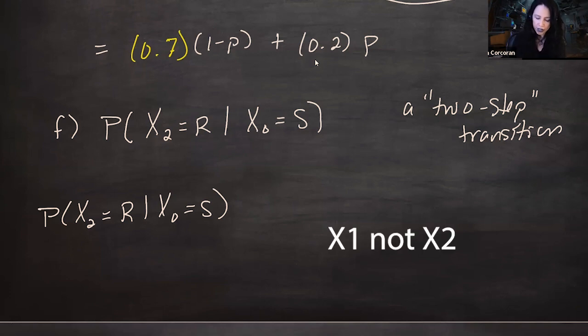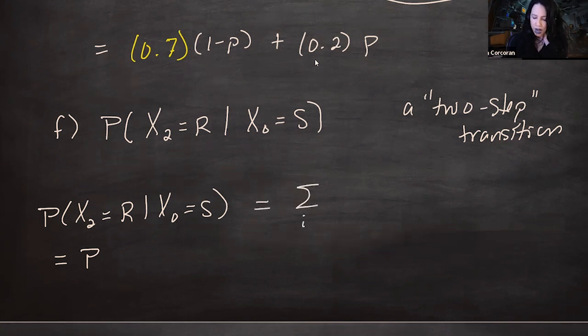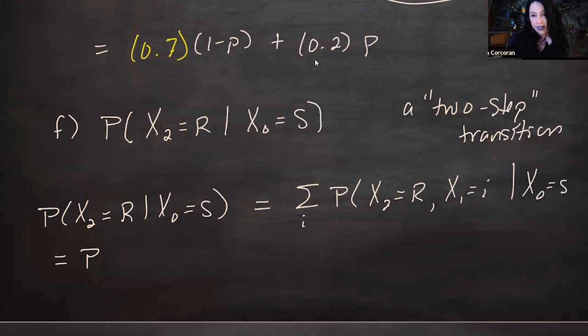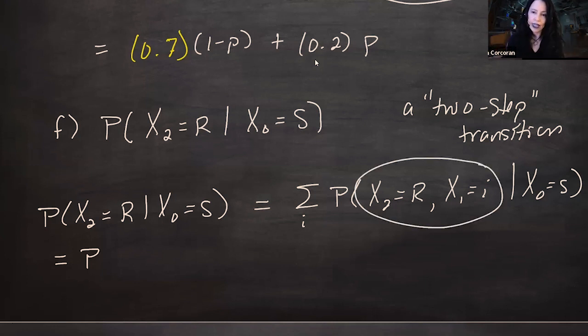So I'm going to condition on X1. One thing I could write here is the sum over i of the probability that X2 equals R and X1 equals i, given X0 equals S. And then I could write this intersection with a conditional probability.